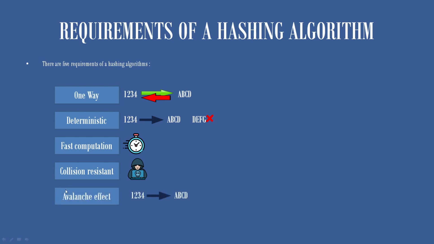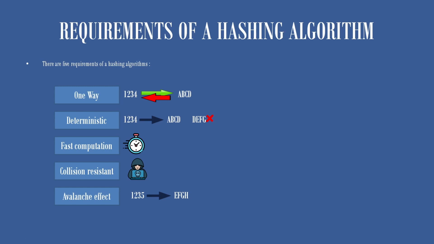And the next one is the avalanche effect: if we change even a single bit of the original data, the whole encrypted outcome should change. Like here, if we change 1234 to 1235, then the whole outcome ABCD should change to EFGH.